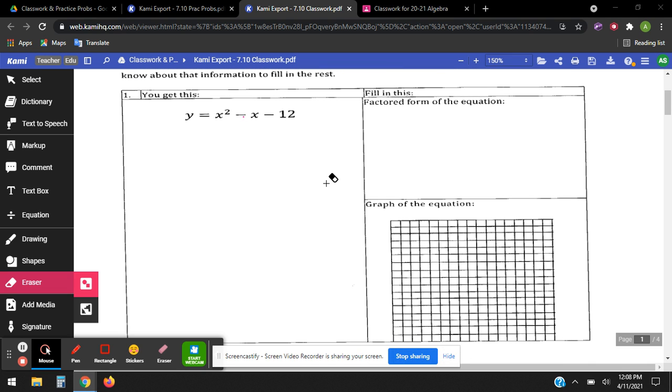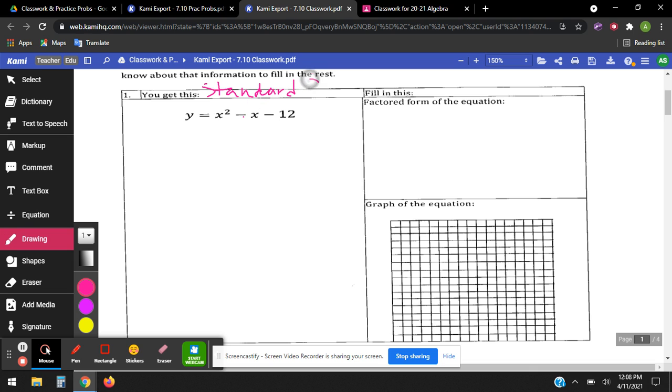So here, this is called standard form. So just to review, they were given a standard form. Now we need the factored form. Well, my x squared means I'm going to have an x in each one, no a in there.